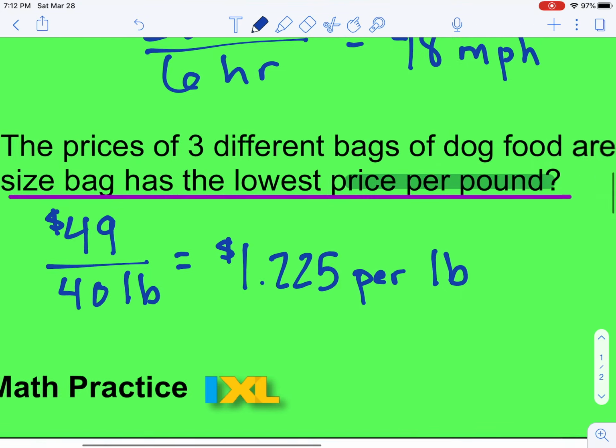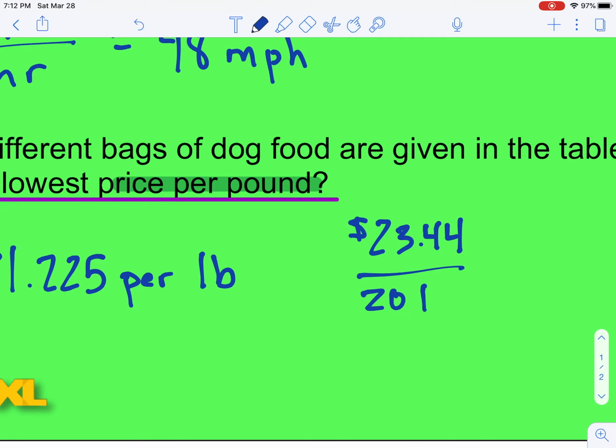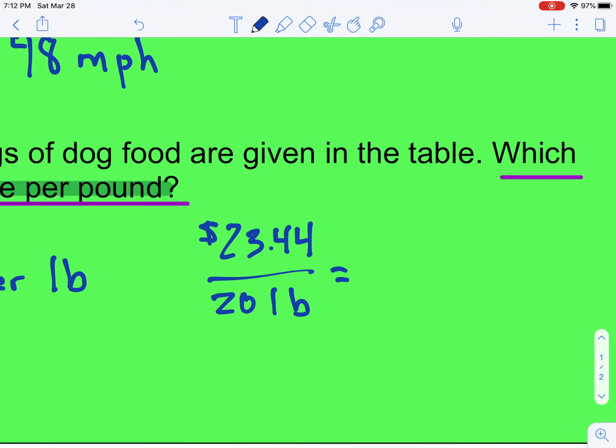So that's one bag. Let's take a look at the next bag. The next bag is $23.44, and that's a 20-pound bag. So I'm going to divide 23.44 divided by 20, and I'm going to get 1.172, so about $1.17 per pound.